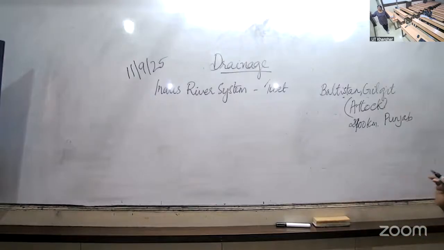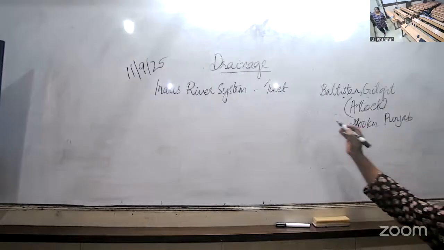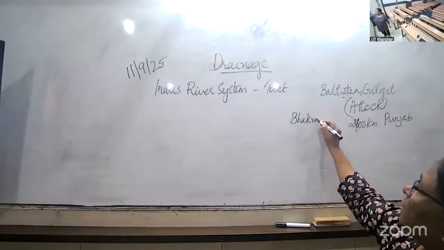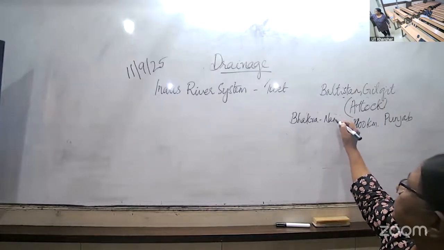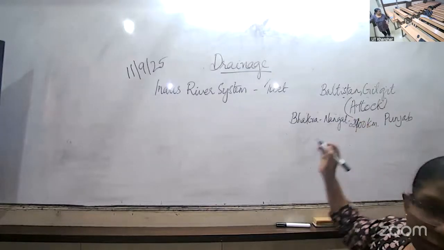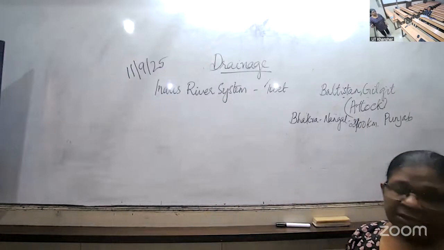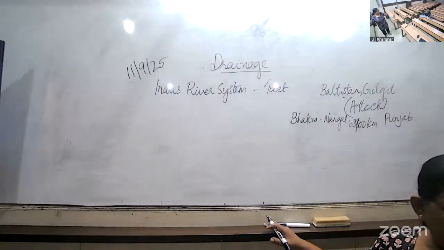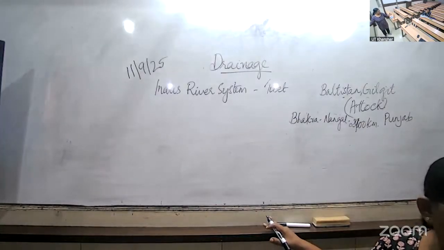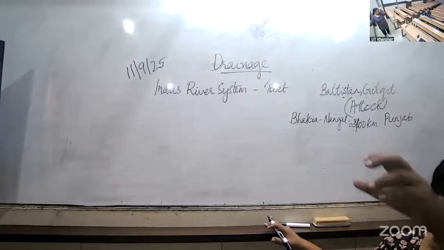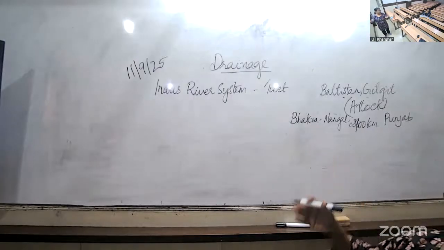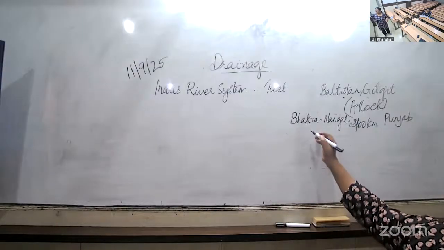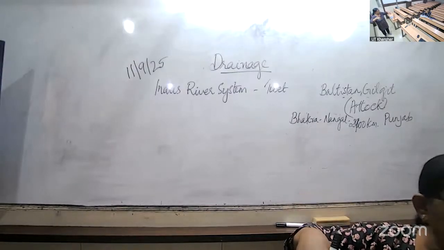So here what happened? One project was made called Bhakra Nangal project. This big dam was constructed to avail that water. That means water that is 20% only we were allowed to use. That water from the Jhelum and Satluj is diverted and brought here.